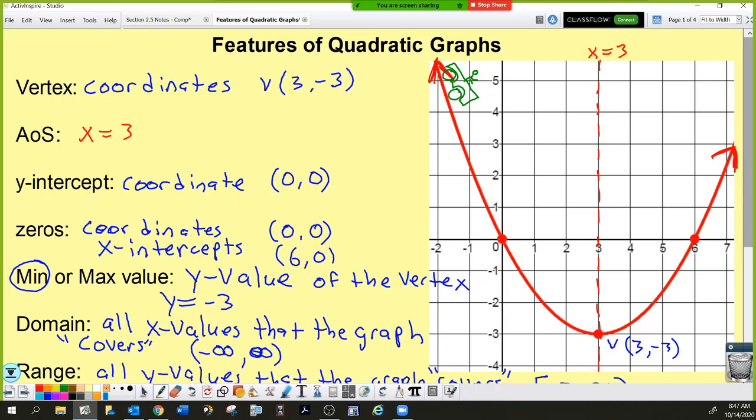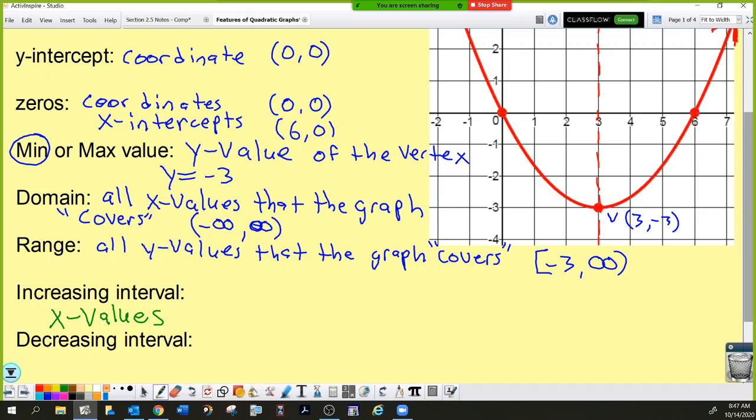So at every x value to the left of the number x equals 3, my car is falling, decreasing. When you describe every number to the left of 3, you say negative infinity to 3. This is an interval. So I've already told you, infinities always get parentheses because you can't actually get there.